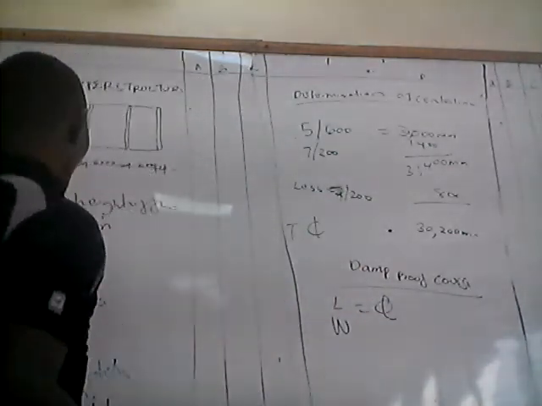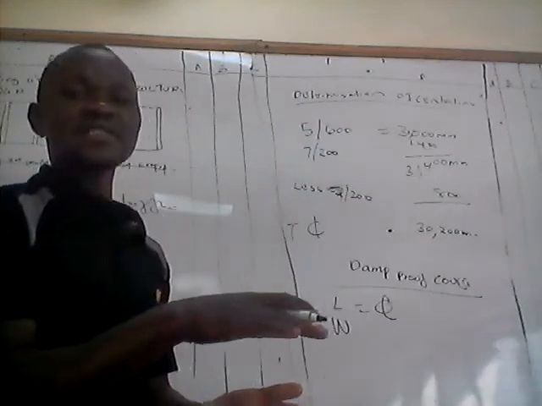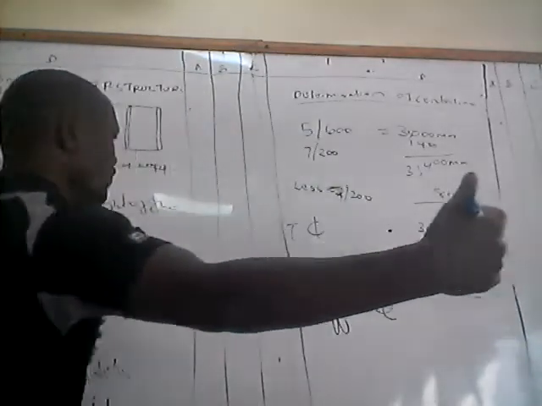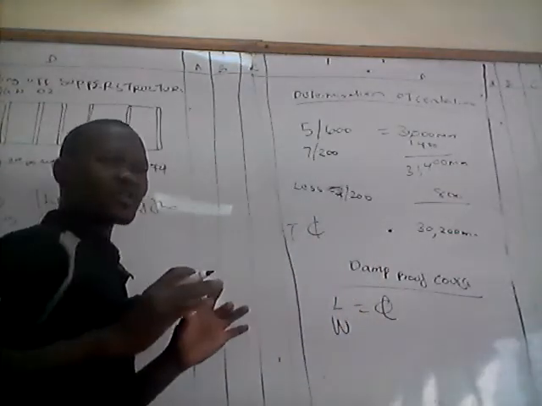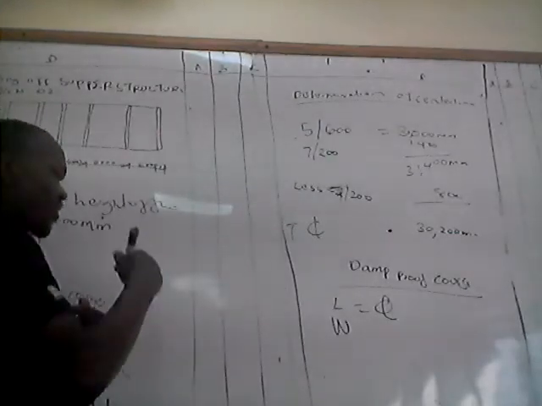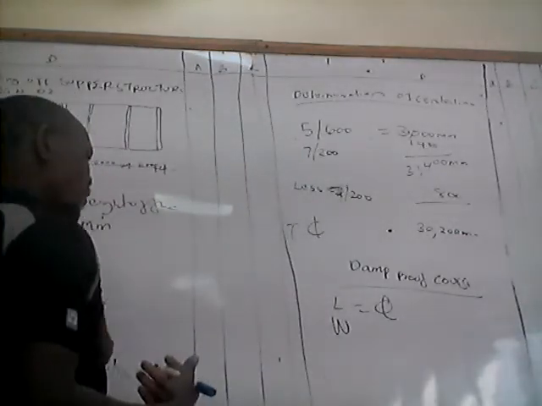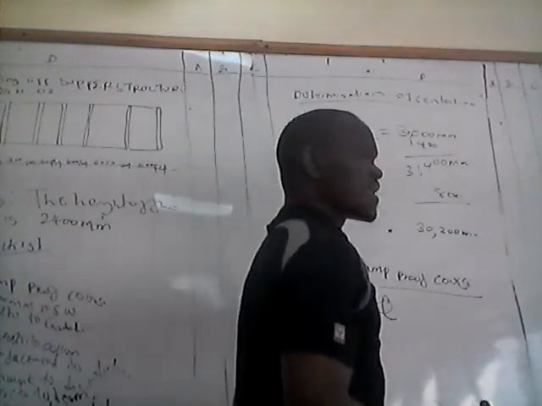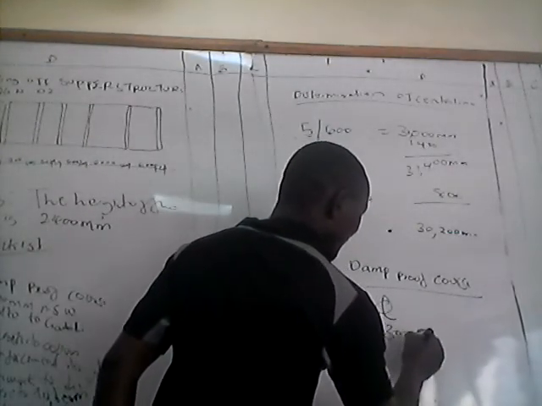Since this is where we lay our walling, it must be the same size as the walling, but in normal circumstances you have to give an allowance of 50 millimeters on each side, so it should be larger than the walling material we are using. Assume you give 50 millimeters inside the wall and another 50 millimeters outside the wall. Then the width of our damp proof course will be 100 millimeters larger than the normal wall. Now it will become 300 millimeters.